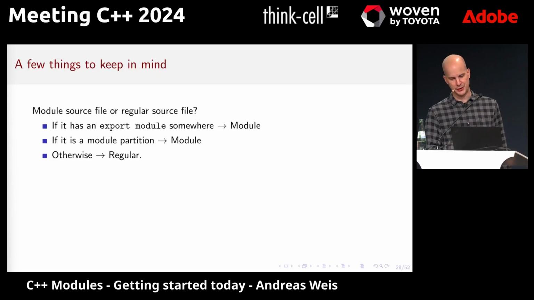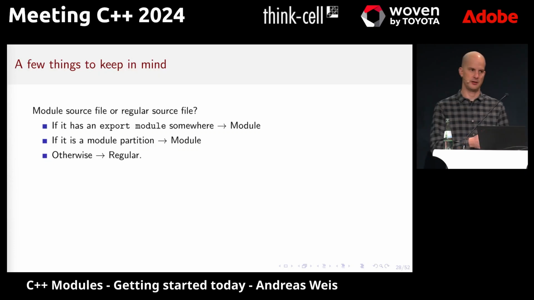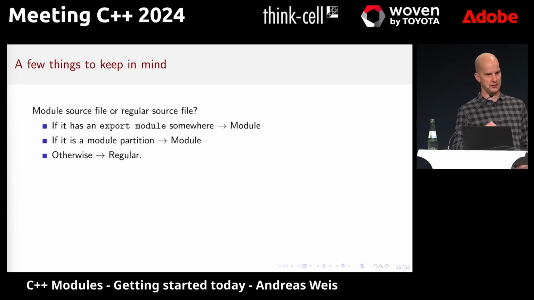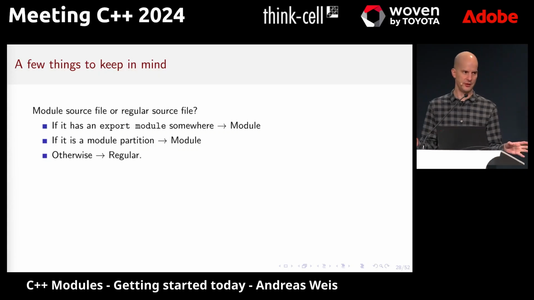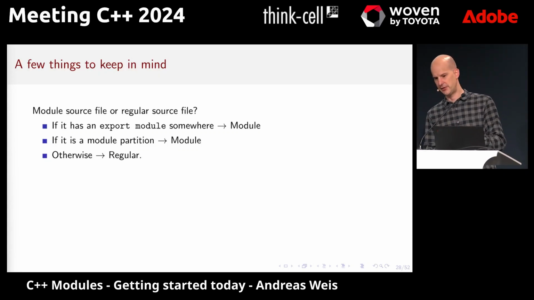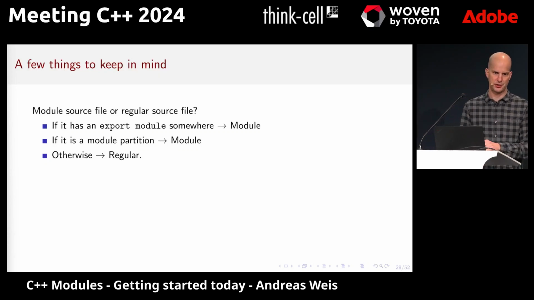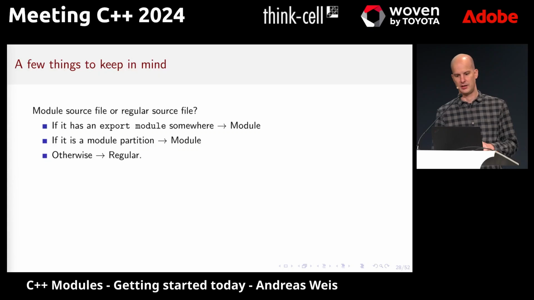If it's a module partition, it's a module source file. Otherwise, it's just a regular source file. In particular, if it's just importing stuff, but not exporting, it's not a module source file. If it's a module implementation unit, then it's also just a regular source file. And if you get this wrong, then your compiler will throw weird errors at you.